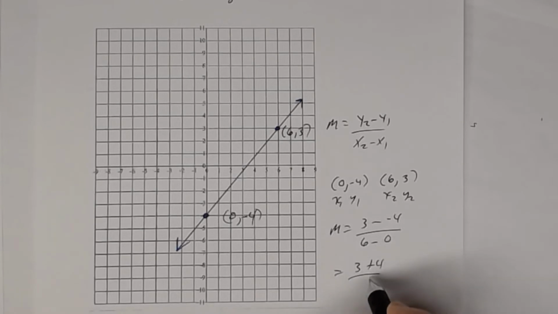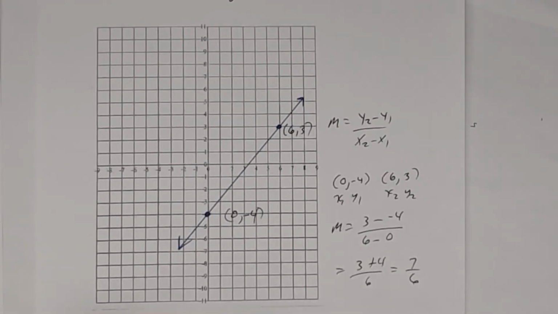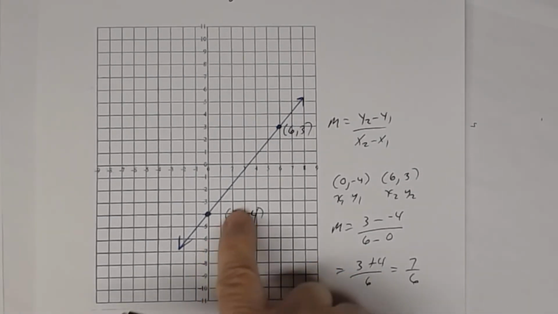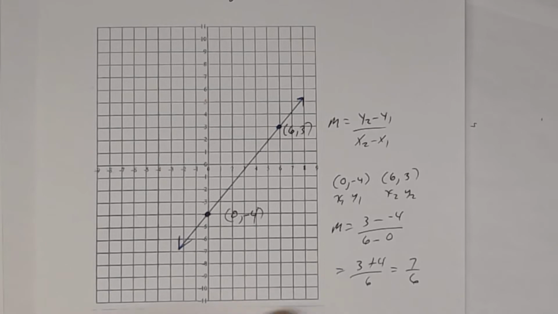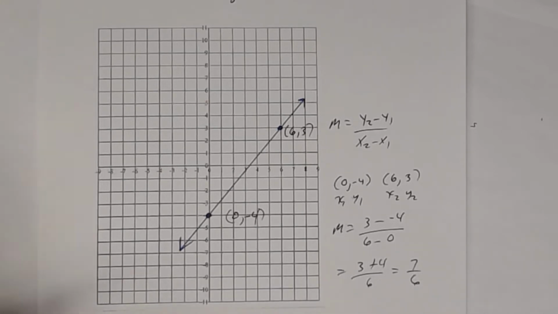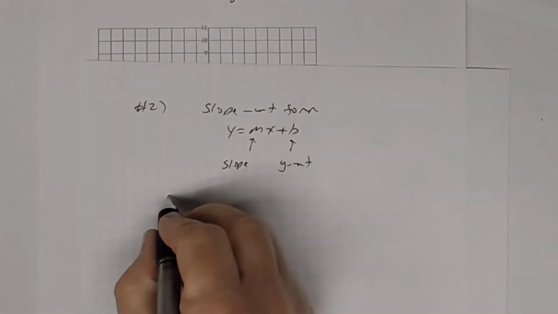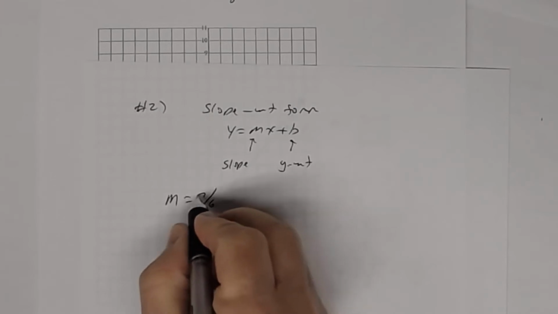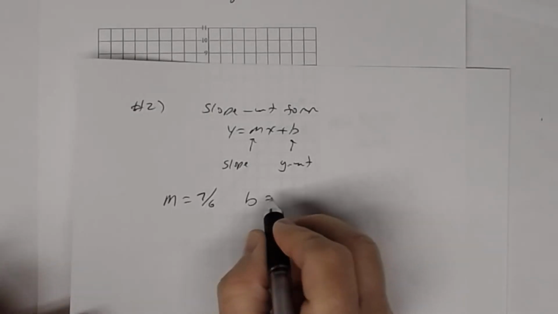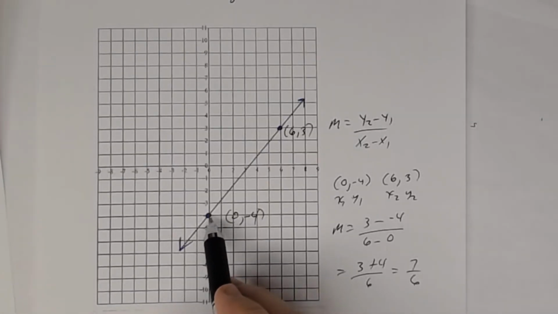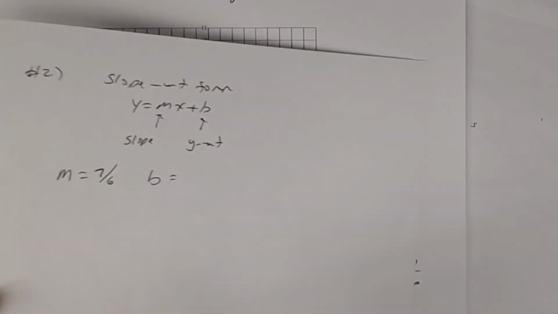And then 6 subtract 0 is 6. So I get 7 divided by 6. So my slope is 7/6, and I know it had to be positive because the line is rising. So now I know the slope is 7/6, and I know the y-intercept already, because that's given. The y-intercept was negative 4.